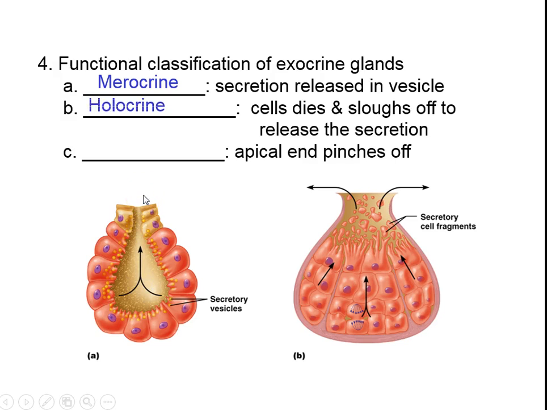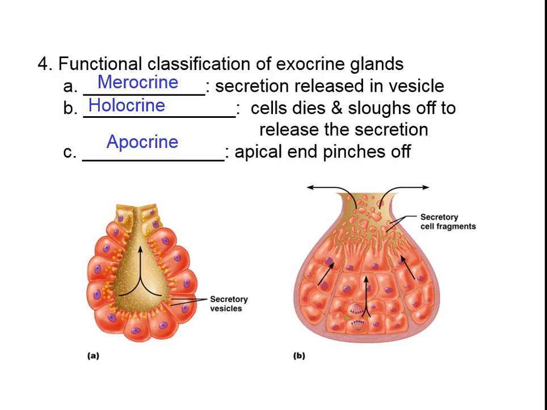Another kind of exocrine gland is called a holocrine exocrine gland. If you think about the Holocaust, a lot of Jewish people were killed, so holo meaning death. So in this case, the cell is going to die, and the edges slough off and release its secretion. Some people think that maybe the release of milk could be this type, or it could be apocrine, where the apical end just pinches off.